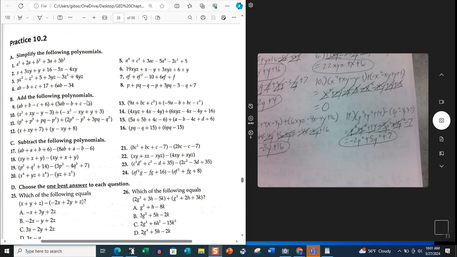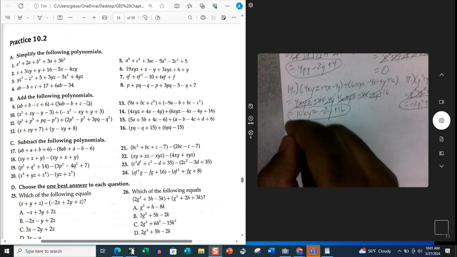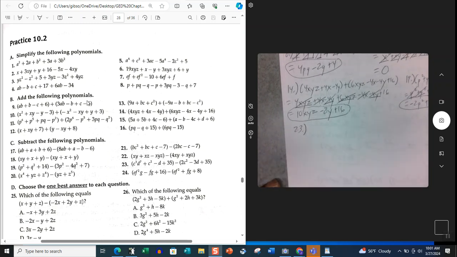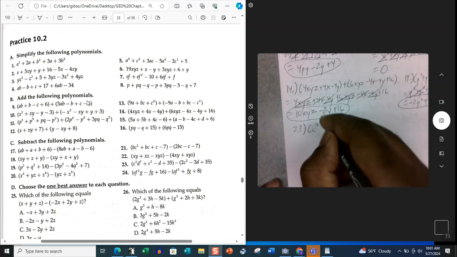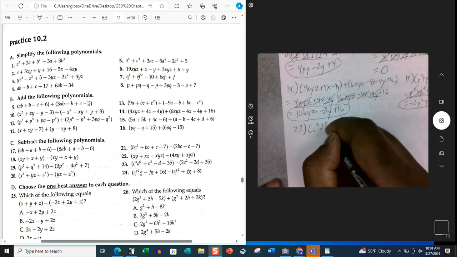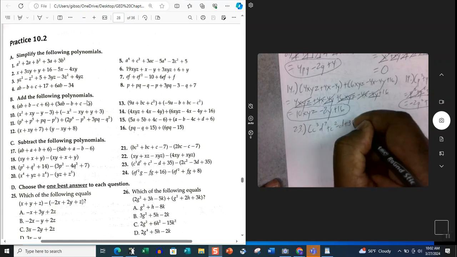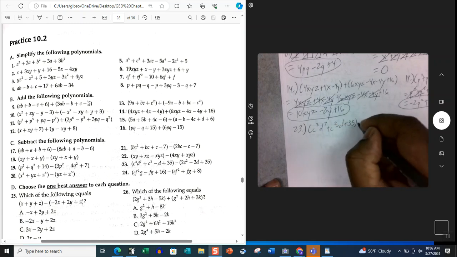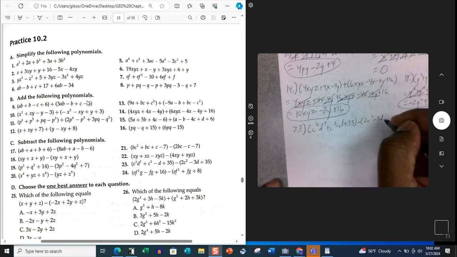Now the next problem, I think I want to do 23. 23, we have c cubed d to the 7th plus c squared minus d plus 35 minus 2c squared minus 3d plus 35.